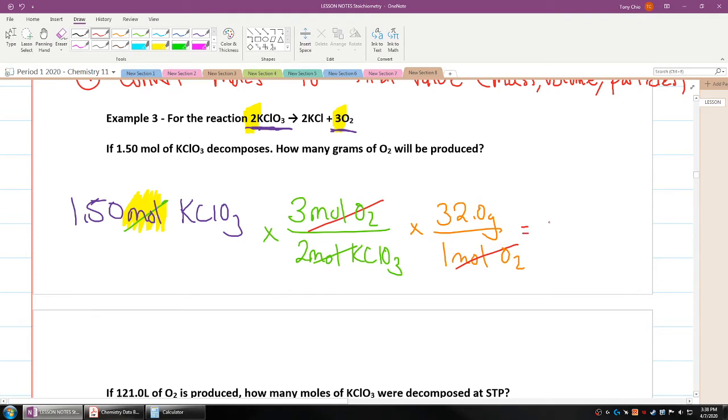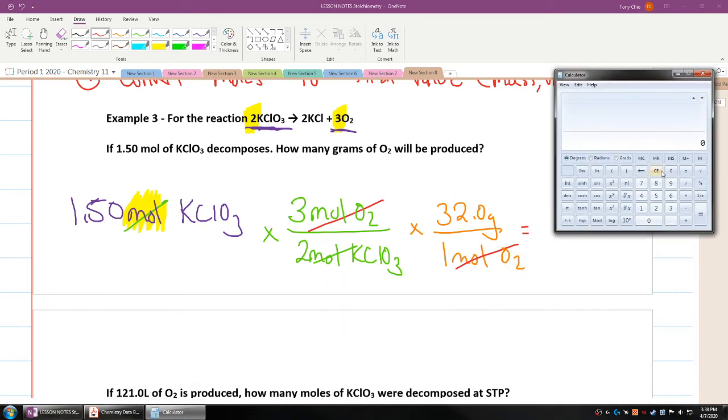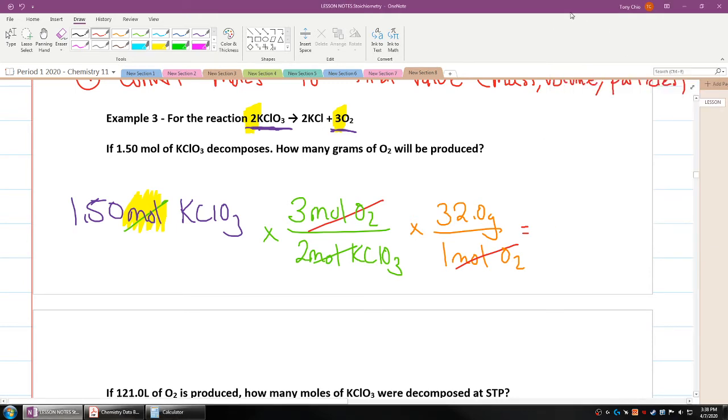And you're left with your final value you want to solve, which is grams. So if I punch this all into my calculator, you would see that I have 1.5 moles of KClO3 times 3 moles of O2 divided by 2 moles of KClO3 times 32.0 grams of oxygen, and you get 72 grams.